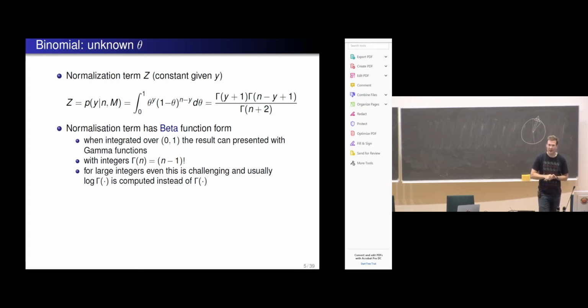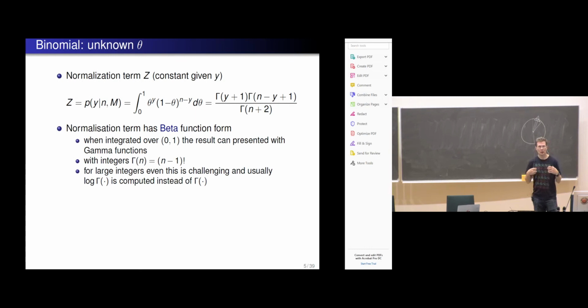There's not always an analytical form, and that's why in this course we eventually go to using Markov chain Monte Carlo methods. But now it happens that when we integrate this function from 0 to 1, we can present it with gamma functions, and with integers these gamma functions are the same as factorials.